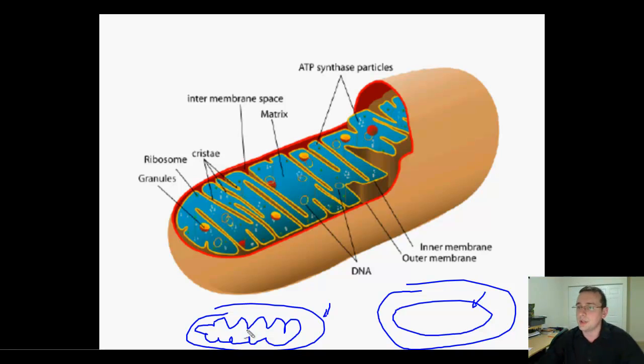So what the folds are doing is maximizing the surface area for the chemical reactions to take place inside the mitochondria, allowing for more ETC proteins to be available and a greater efficiency at producing the proteins and the energy from the cellular respiration, which is why this evolved. Basically, a mitochondria that had folds was better than a mitochondria that didn't, and it survived better. So that is why it evolved that way.